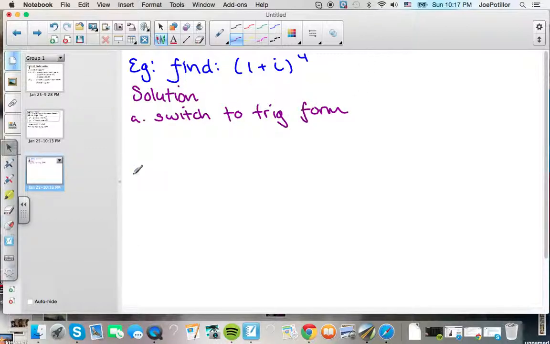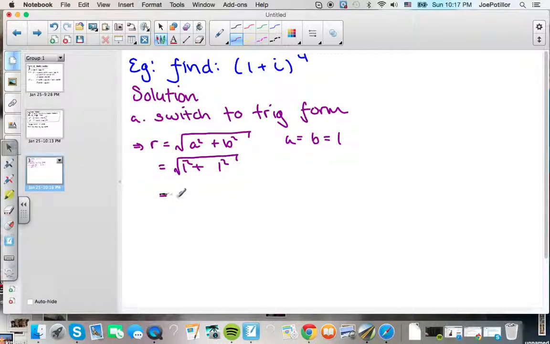So we switch it to the trig form, of course, by using Pythagorean theorem, which is r, the moduli, is equal to the square root of a squared plus b squared. Of course, a equals b is equal to 1. Lovely. So that's equal to the square root of 1 squared plus 1 squared. So that ends up being the square root of 2. So r is the square root of 2.